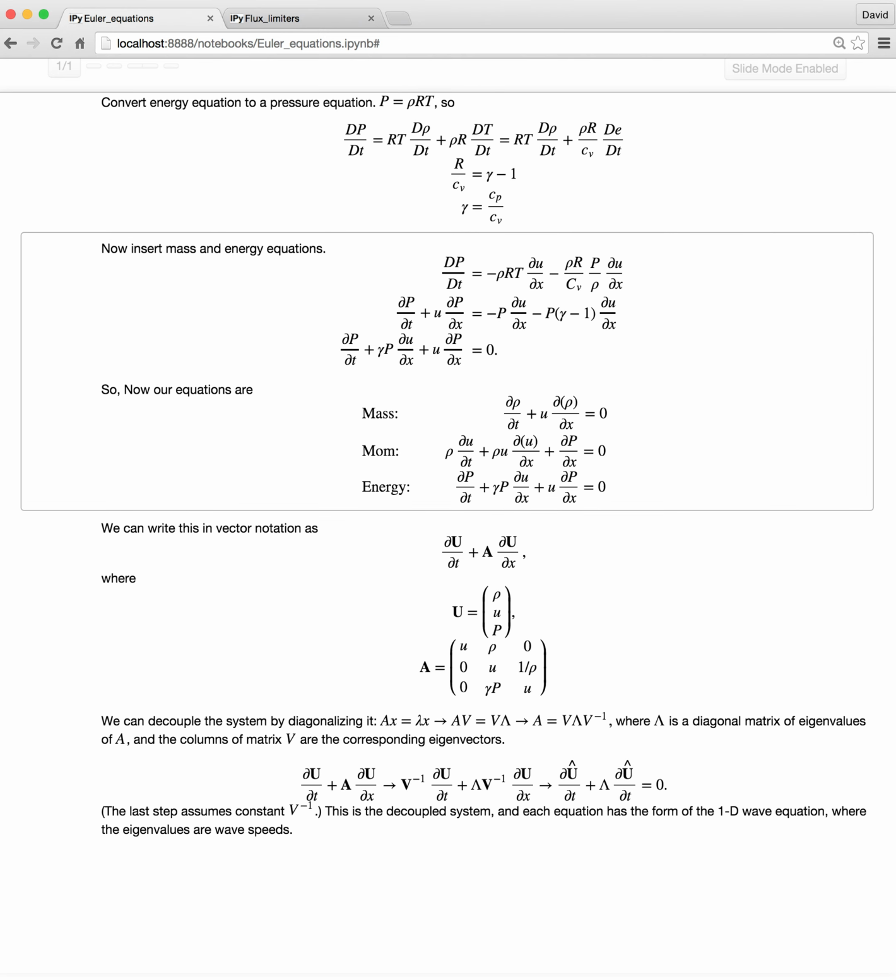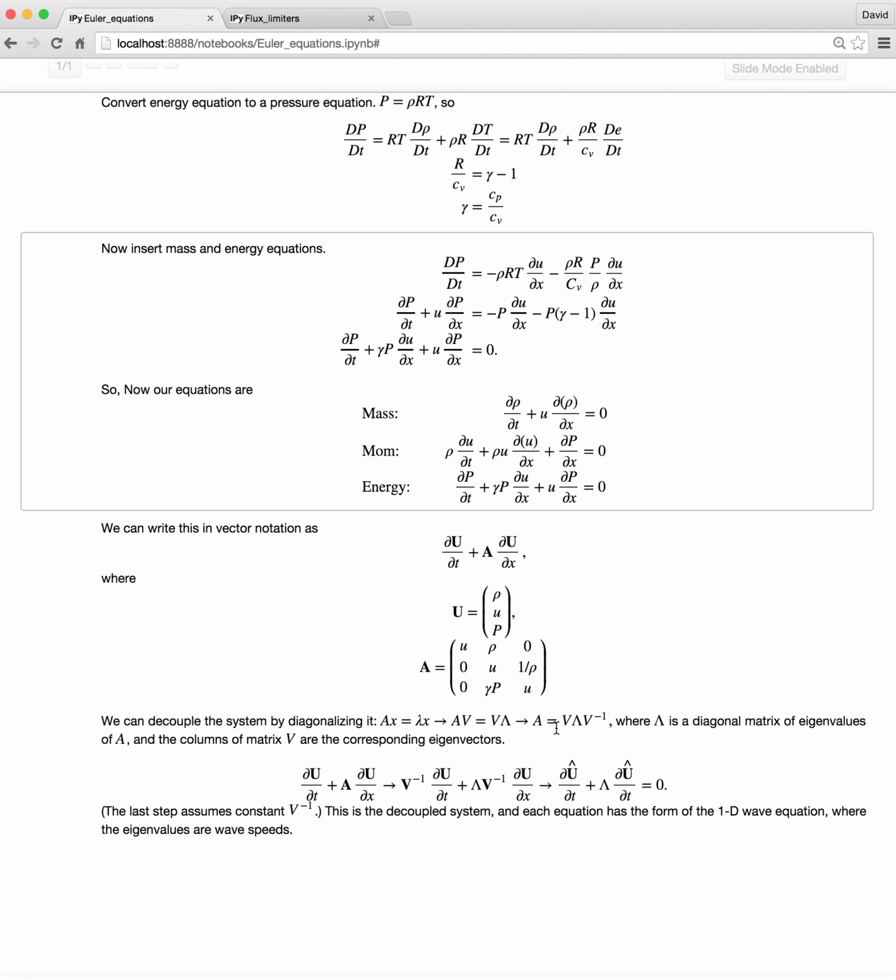We can decouple the system by diagonalizing it, and we've seen several times how we can do that. We just take Ax equals lambda x, where x here would be an eigenvector and lambda is an eigenvalue. And if we collect all the eigenvalues and eigenvectors together, we can write AV equals V lambda. Then multiplying on the left by V inverse, we get V inverse AV equals this lambda, or A equals V lambda V inverse.